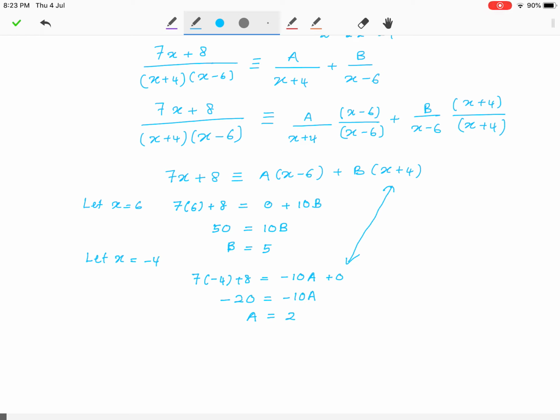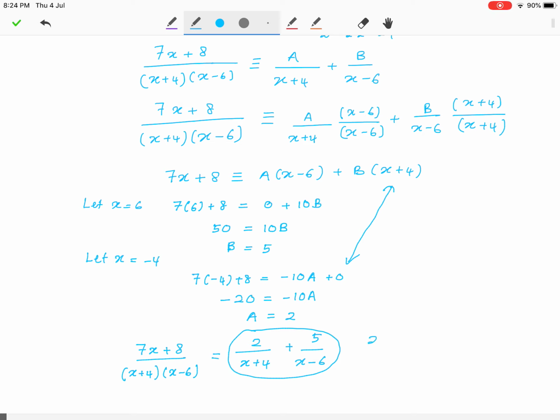So I'm going to rewrite, so we can express this algebraic fraction 7x plus 8 over x plus 4 times x minus 6 as equal to 2 over x plus 4 plus 5 over x minus 6, which you can verify if you add these two algebraic fractions by cross multiplying.